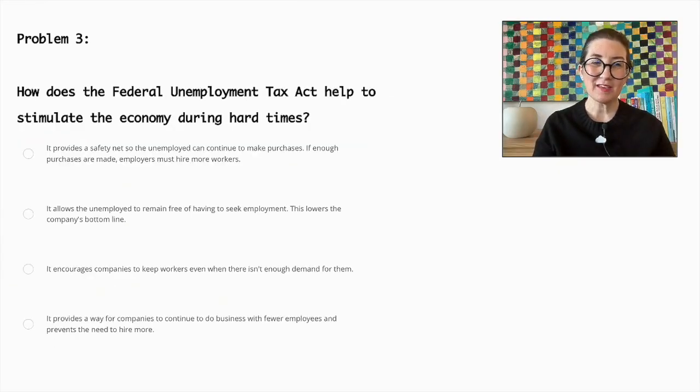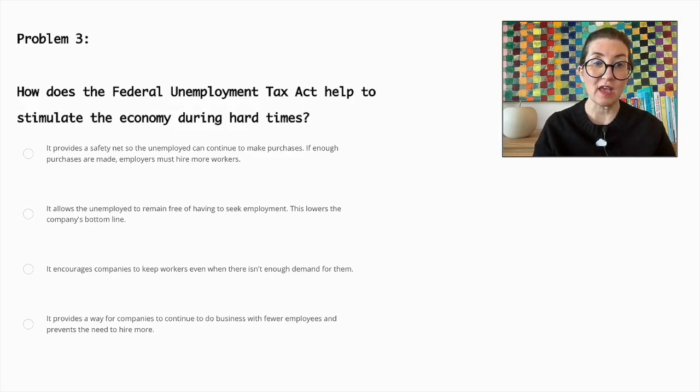Problem number 3. How does the Federal Unemployment Tax Act help to stimulate the economy during hard times? It provides a safety net so the unemployed can continue to make purchases. If enough purchases are made, employers must hire more workers.